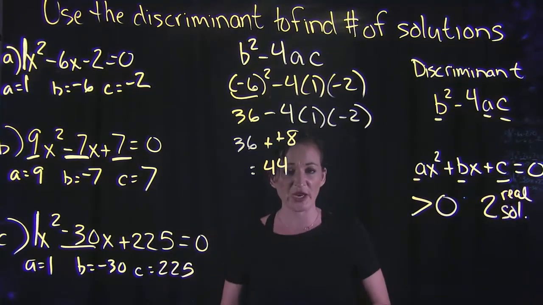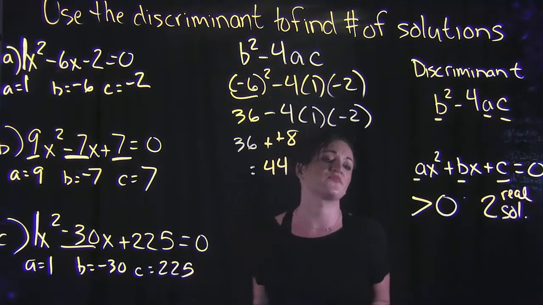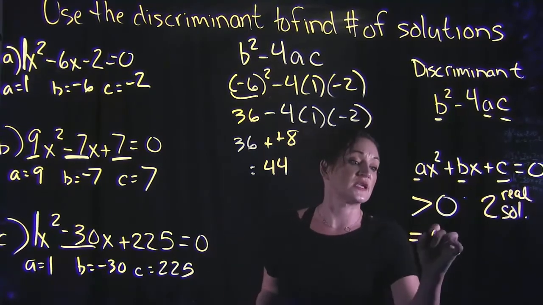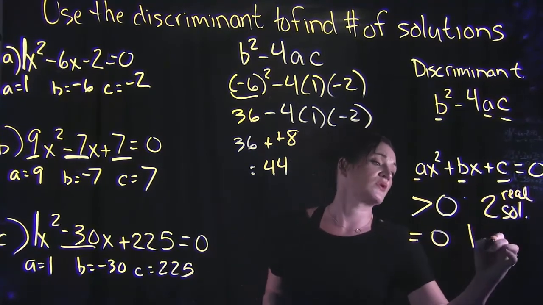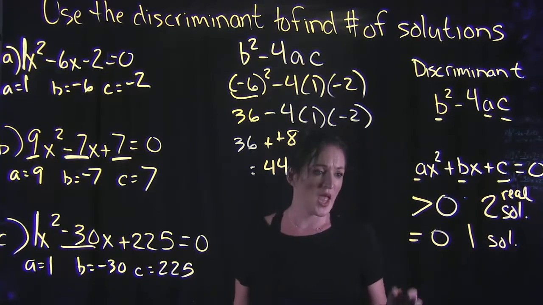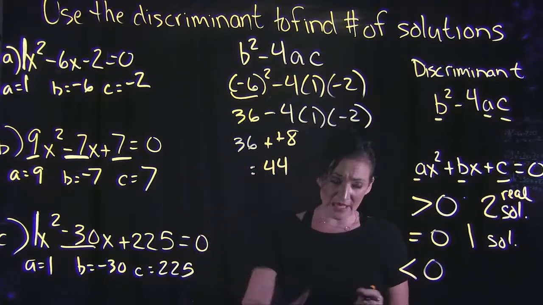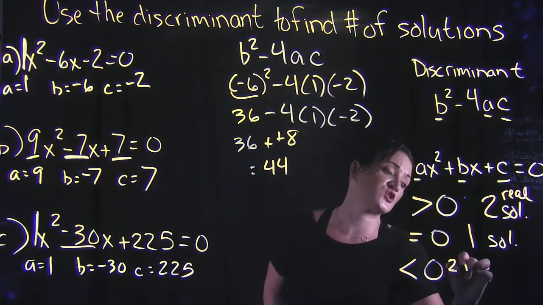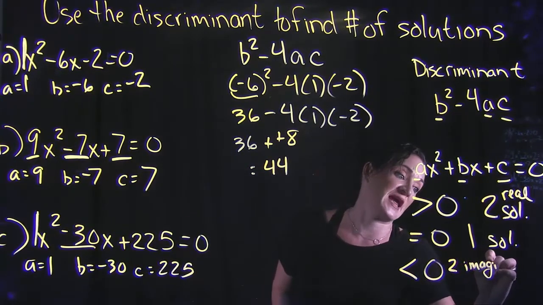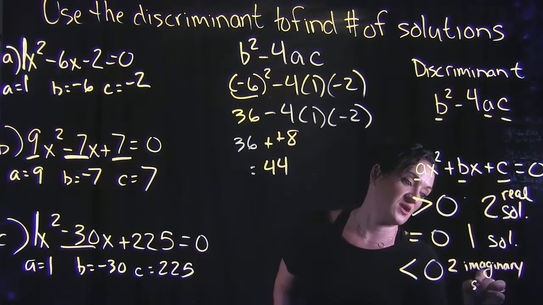They're not imaginary, 2 actual numbers. Now, if your answer is equal to 0, you are going to have one solution. And if your answer is less than 0, what that means is you're going to have two imaginary solutions.